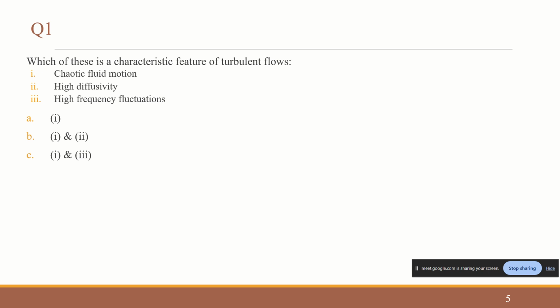So that becomes disrupted and we will be seeing a very random motion at high frequency. So these are the general characteristics of turbulent flows. So the answer is therefore option D, that is 1, 2 and 3 is the right answer.